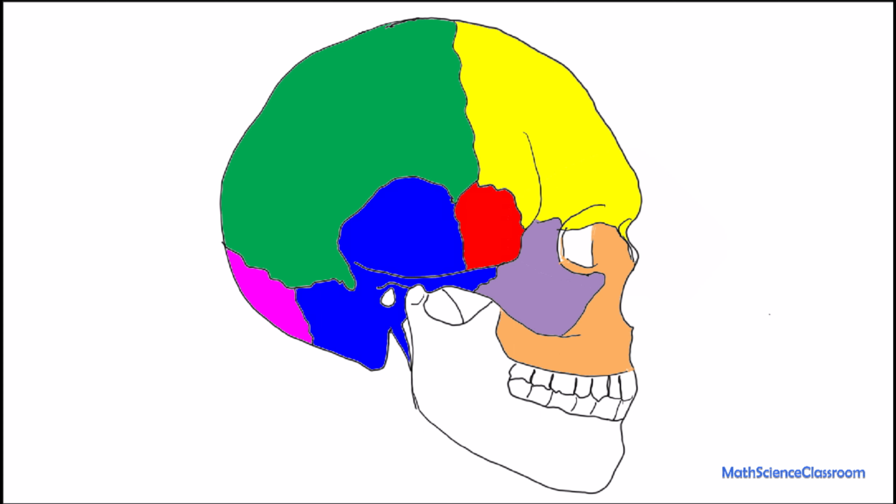So there we have the complete maxilla. I was having a little trouble getting some of the finer points of the bone in the orbital. So notice that, as I said, the maxilla extends from the upper jaw. It is the upper jaw, and extends into the orbital, so it makes up part of the orbital.